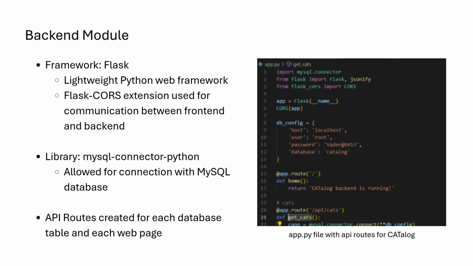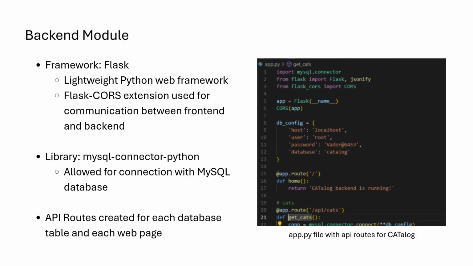The backend of Catalog consists of Flask, a lightweight Python web framework. It is a simple way to build web apps like ours. We also used the Flask CORS extension so that the front end could successfully fetch data from our backend without cross-origin issues. To connect our backend to the MySQL database, we use the mysql-connector-python library to let us execute queries and return the results as JSON.